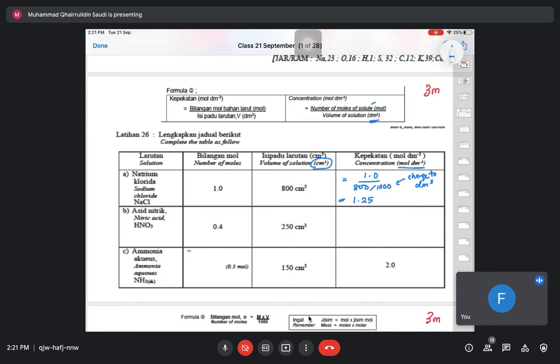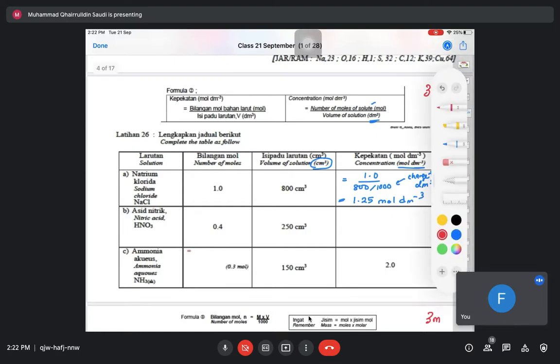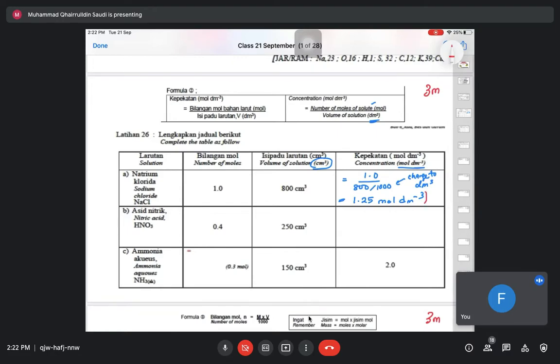Can you give me the units? Good, mole per dm cube. Just like last time, the correct number with the correct unit gets 1 mark.